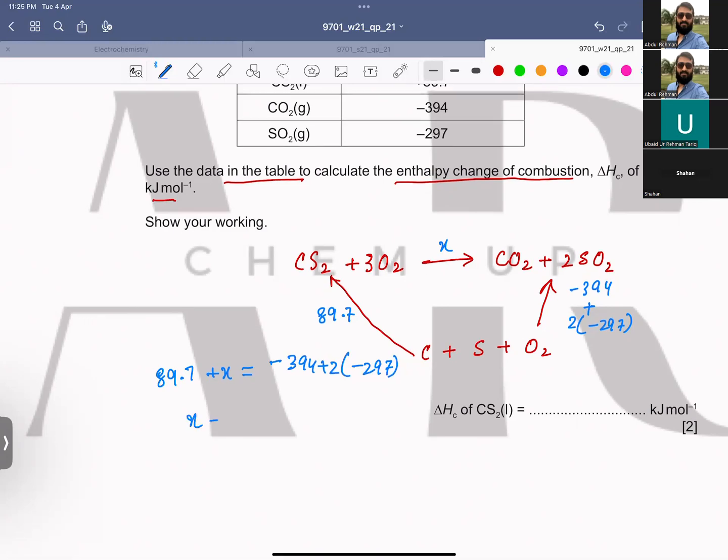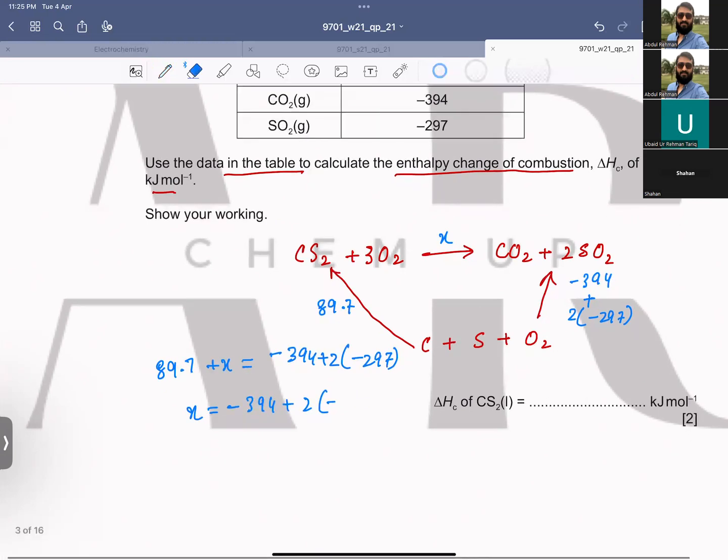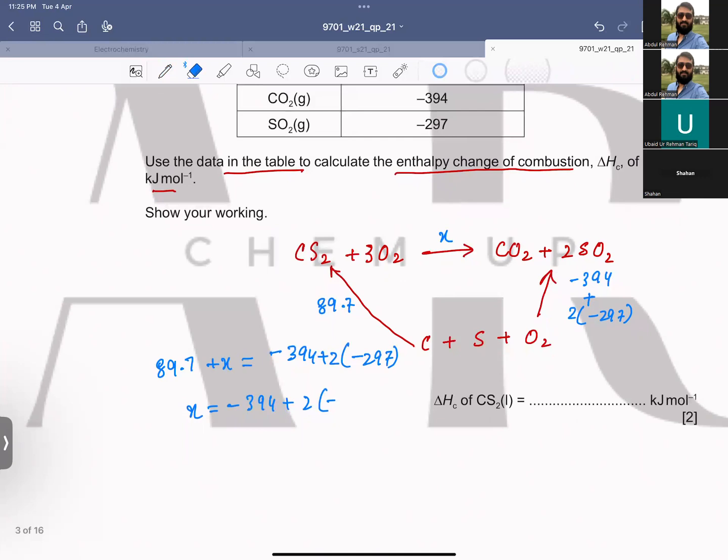So X would be minus 394 plus 2 times minus 297, minus 89.7.